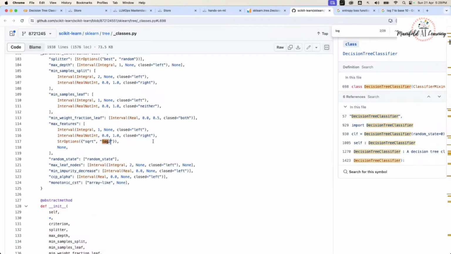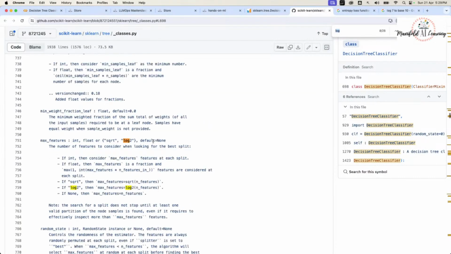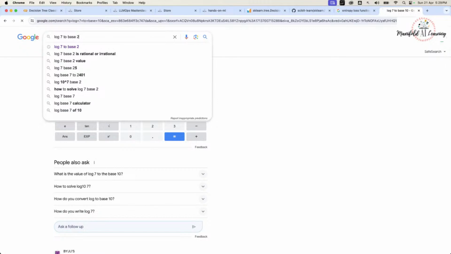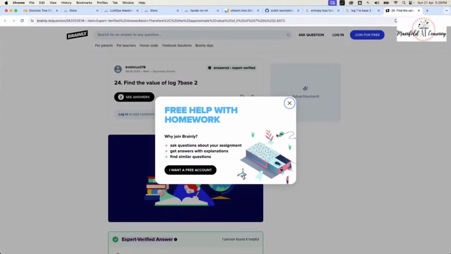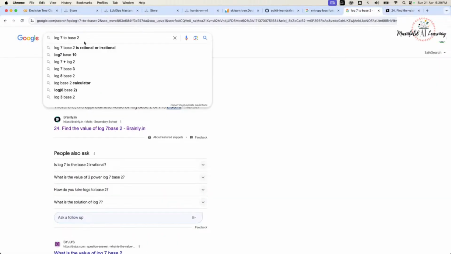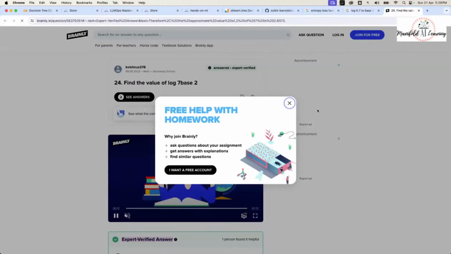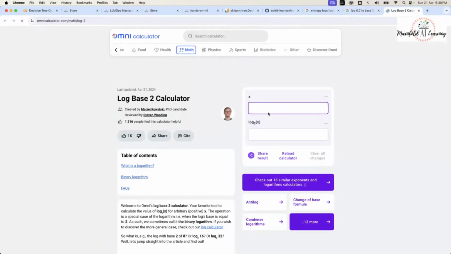It's log 2, log to the base 2 only. Okay, it's 0.7. I think I was calculating incorrectly, guys. So log of 0.7 to the base 2, then we'll be getting the correct answer.